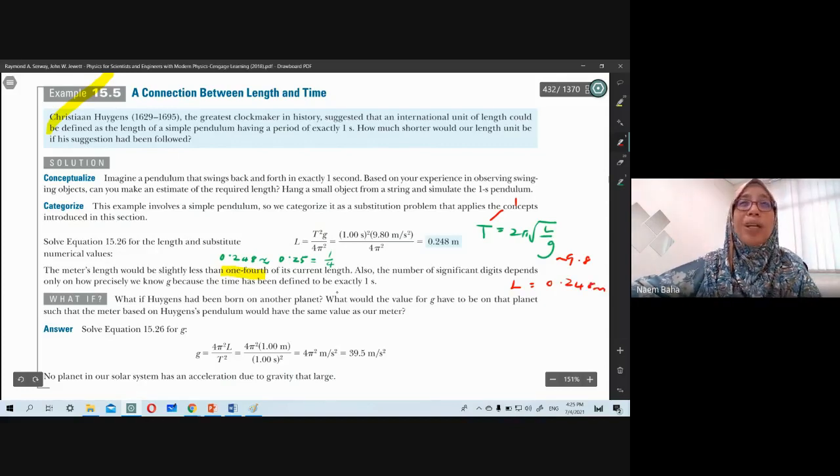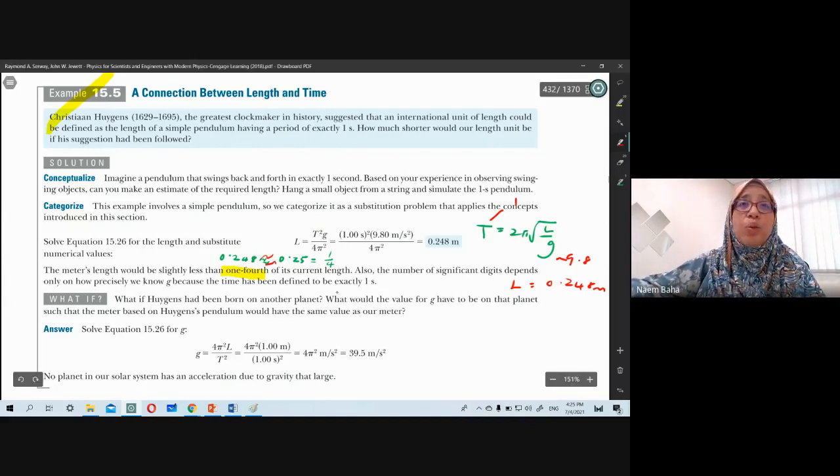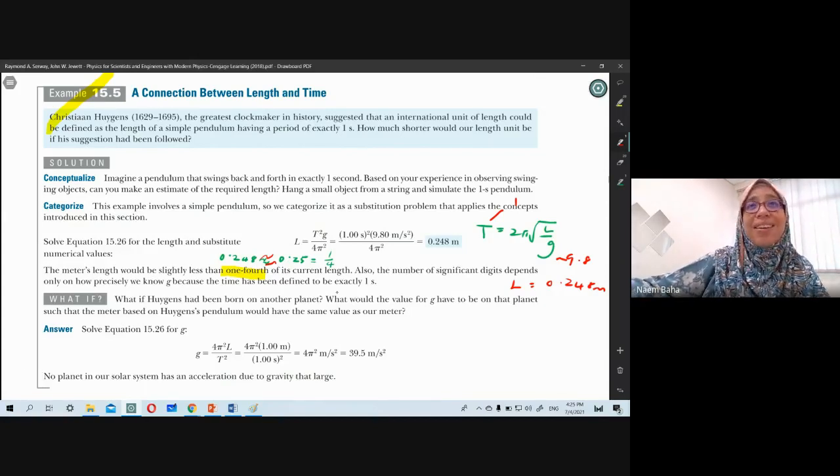So our SI unit should be this length. The book says the meter length would be slightly less than 1/4 of its current length, so 0.248 approximates to 0.25, about 1/4 less.